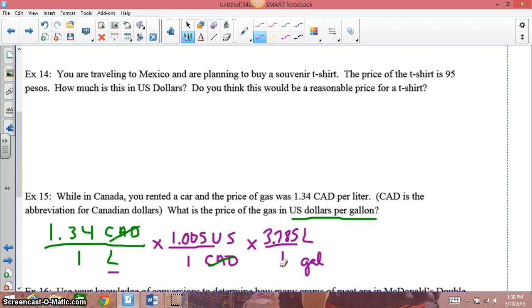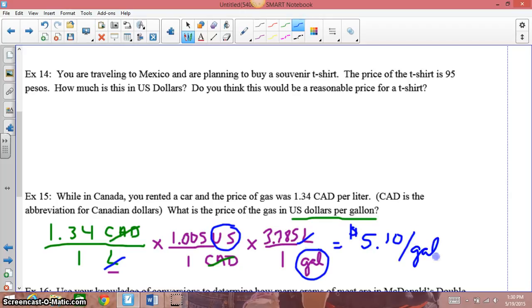Again, the 3.785 is right beside the liter, so it's got to go up top where you put the liter. Now, liters have canceled out. We multiply straight across, and we have 5.10. Since it was money, I went ahead and rounded to the nearest hundredth. And this was US money per gallon. So a price per gallon.